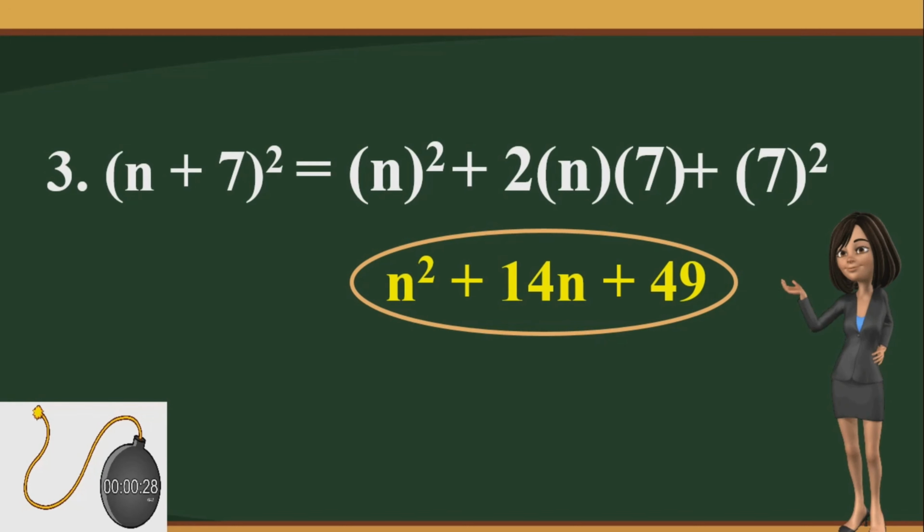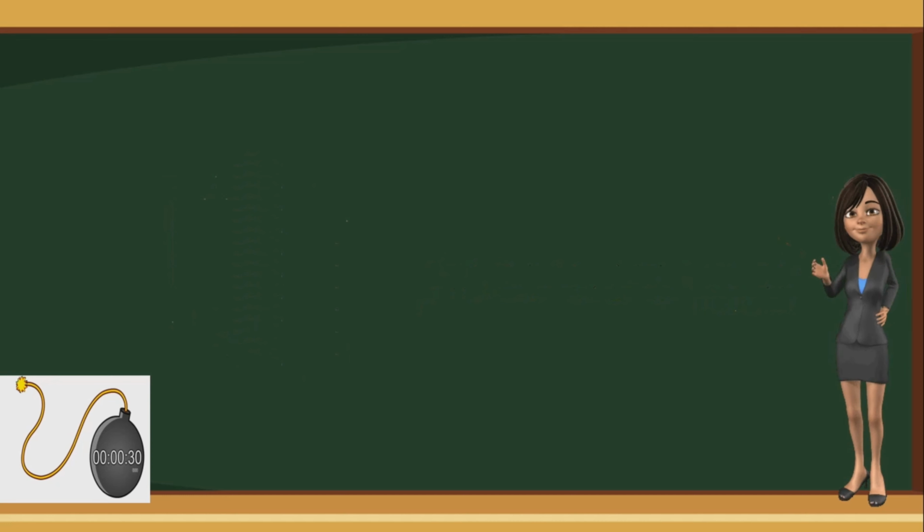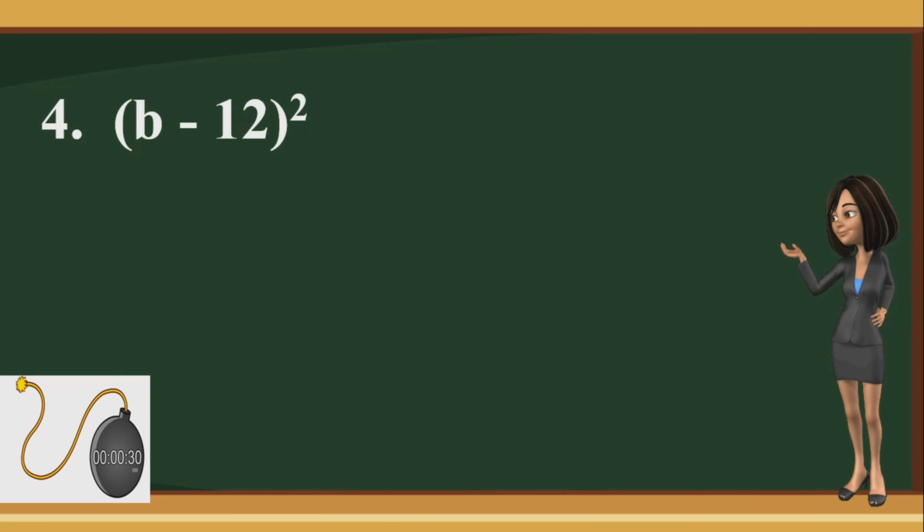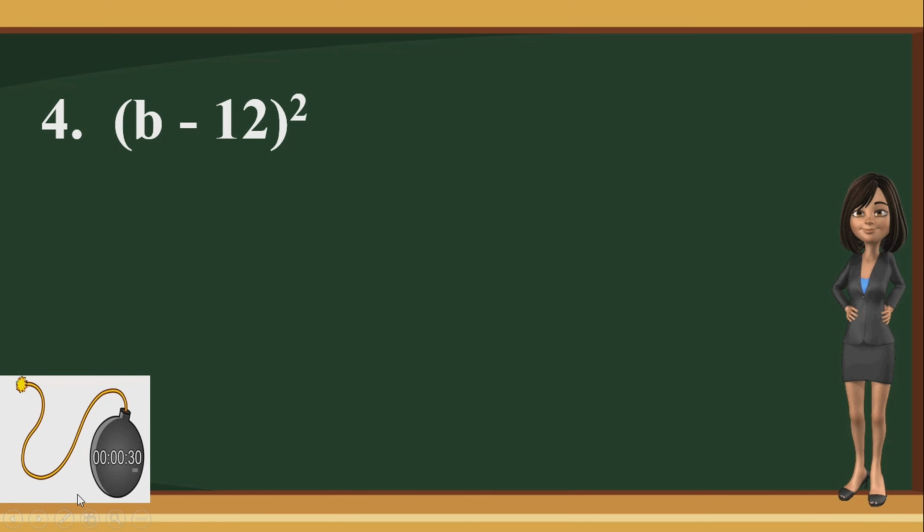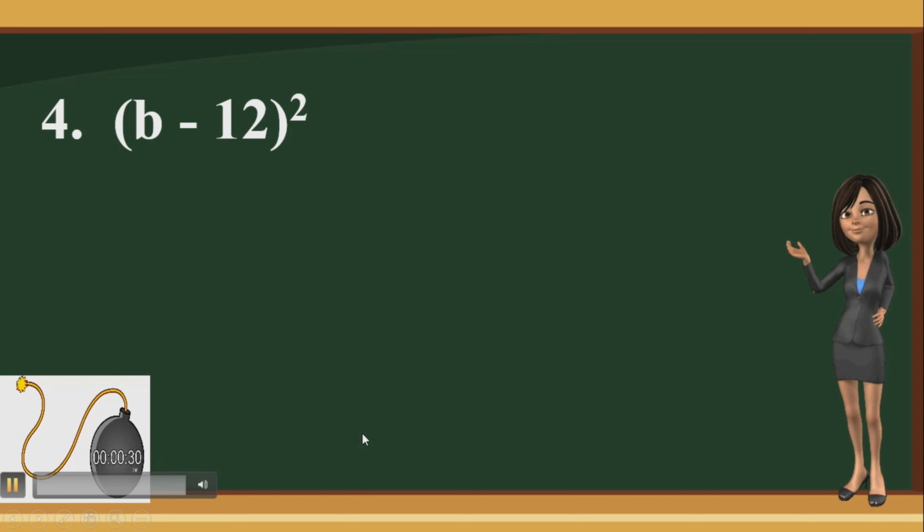Okay, next problem. So we have quantity b minus 12 squared. Go.